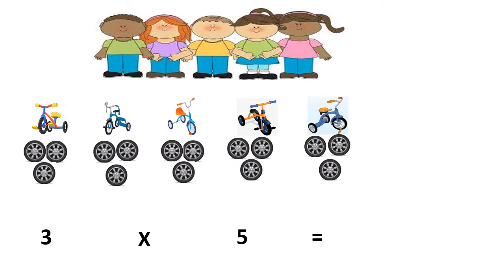So now we're going to skip count in 3s 5 times. Let's count. 3, 6, 9, 12, 15. Very good. So it means that 3 multiplied by 5 gives us 15. Good job, guys.